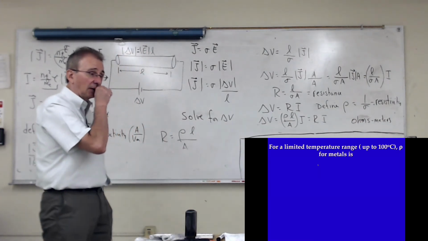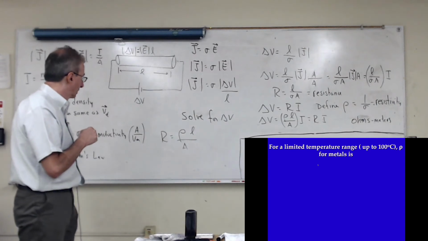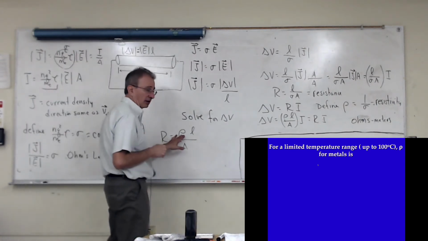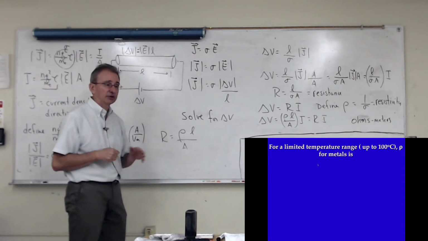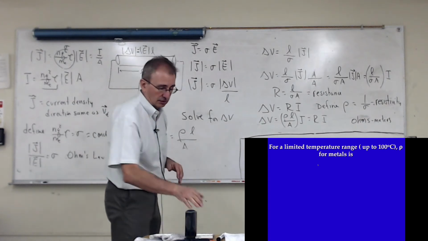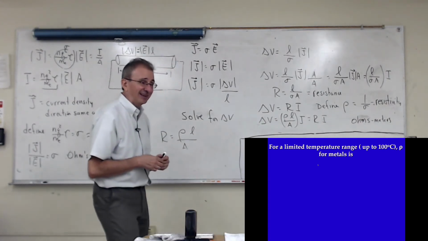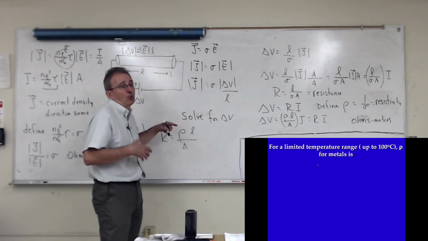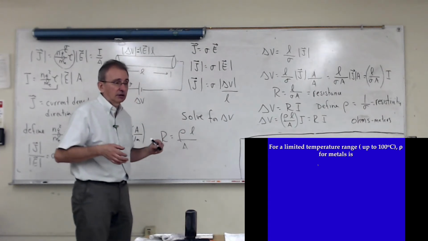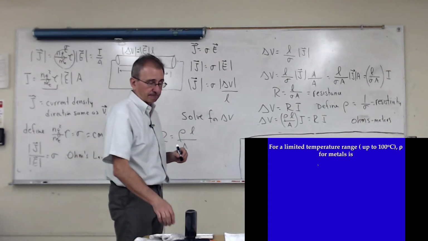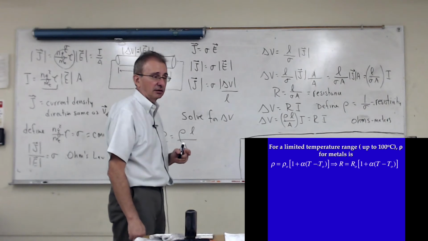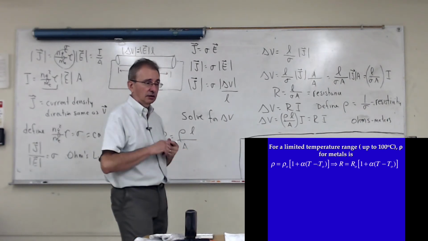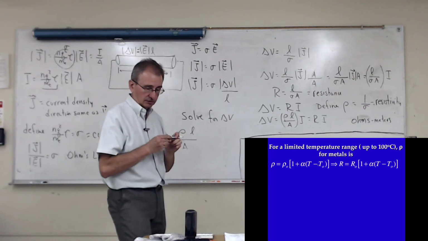Now, over a limited temperature range, this resistivity depends linearly on temperature. I'll say that again. For a limited temperature range, this quantity, the resistivity, or 1 over the conductivity, is linearly dependent on temperature.